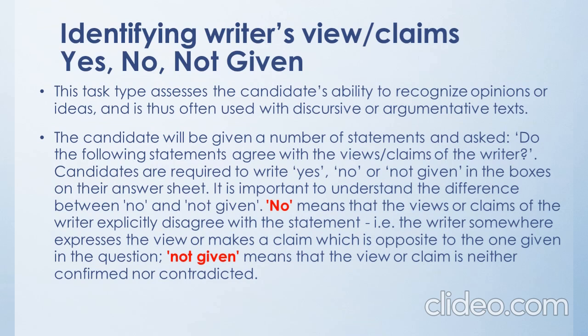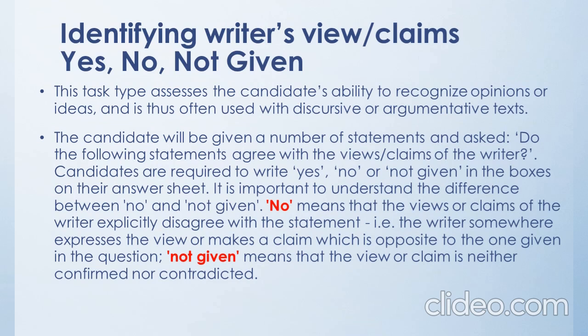So in this type of task, you need to be able to recognize opinions and ideas, and it is often used in discursive or argumentative text. As you remember, true, false, not given is used in factual text, and this one is discursive or argumentative text. As I promised, in the next lesson, I'm going to tell you in more detail about types of texts.